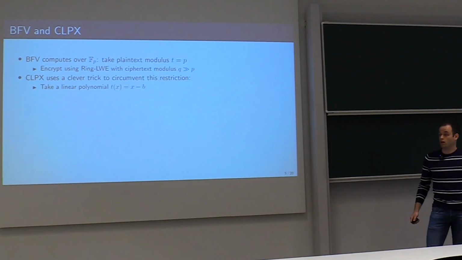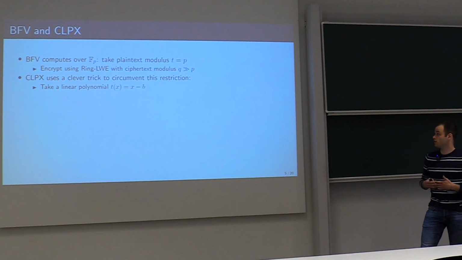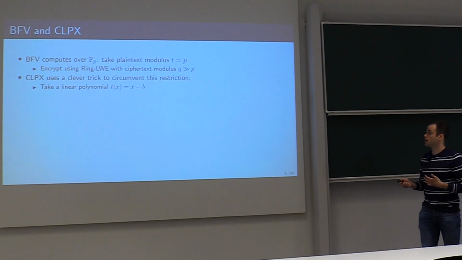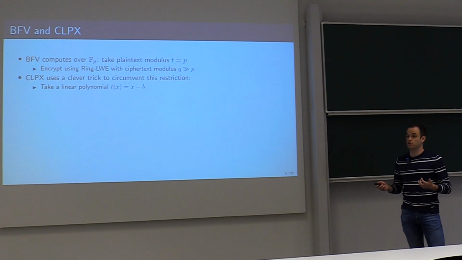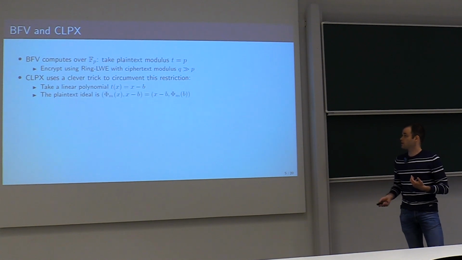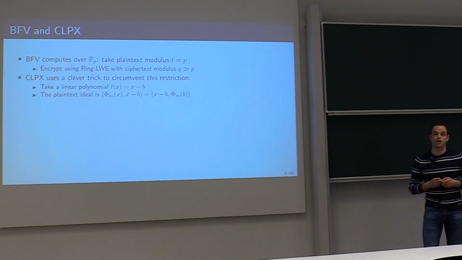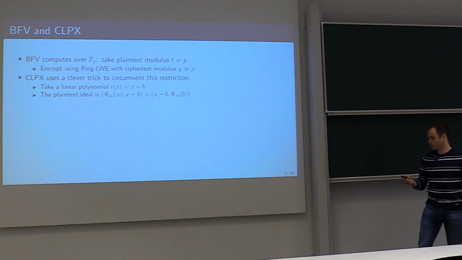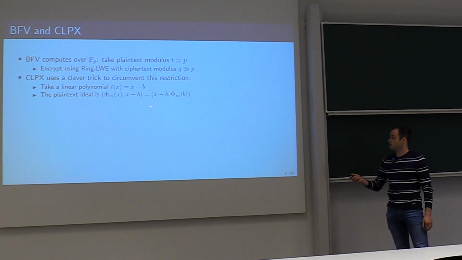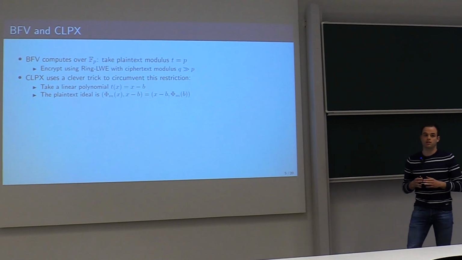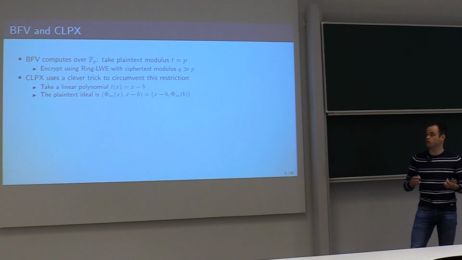And CLPX overcomes this previous limitation, and it uses a clever trick to do this. So in CLPX, we take the plaintext modulus not as an integer, but as a linear polynomial x minus b. Now, as a result of this special shape, we can simplify the plaintext ideal. So since x minus b is in the plaintext ideal, we actually have that x is equal to b in this quotient ring.